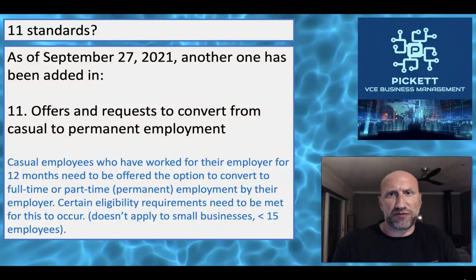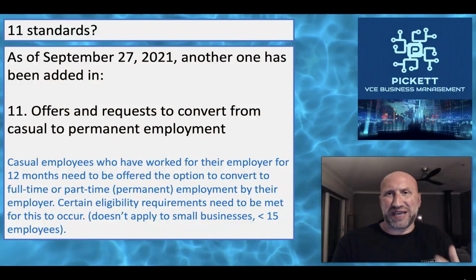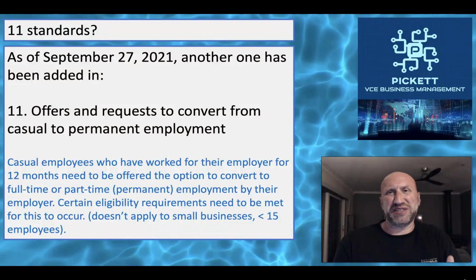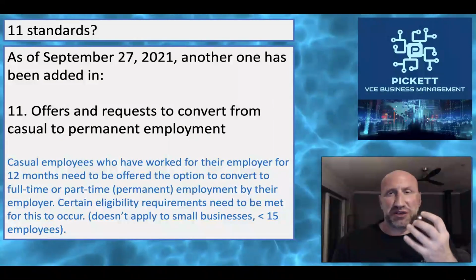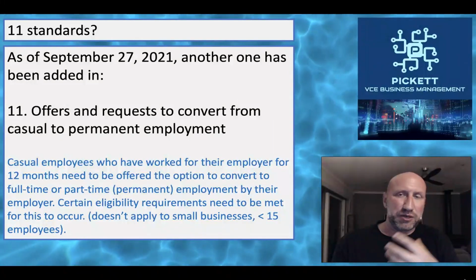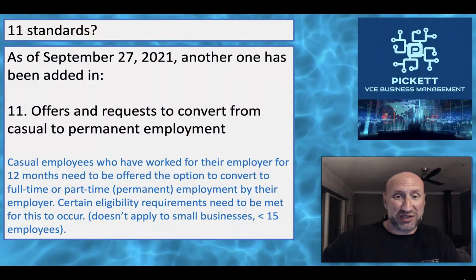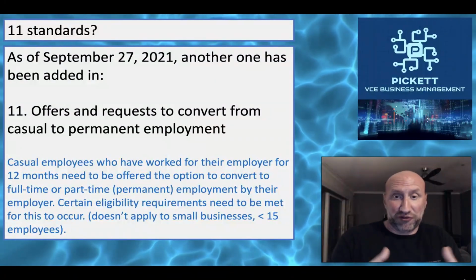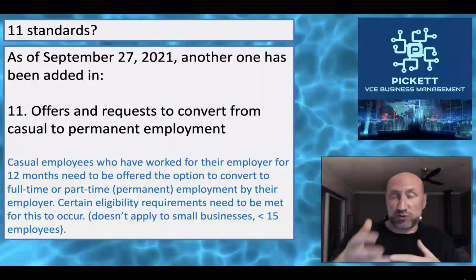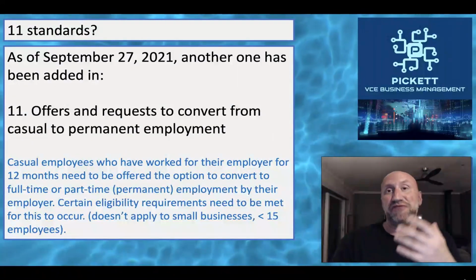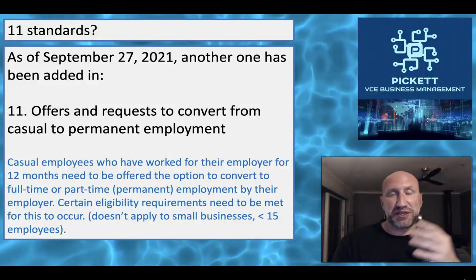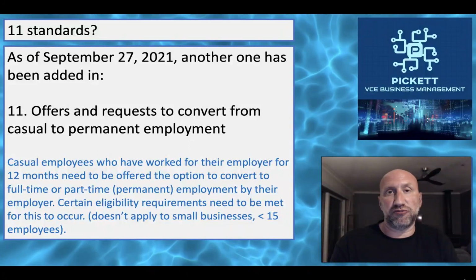And it's hard for them sometimes to get the rights and the things that they're entitled to. So the idea of this law is to put some legal protection around casual employees by offering the option, if you've been in place for 12 months or more, to actually convert, if you want, to this ongoing or permanent arrangement.